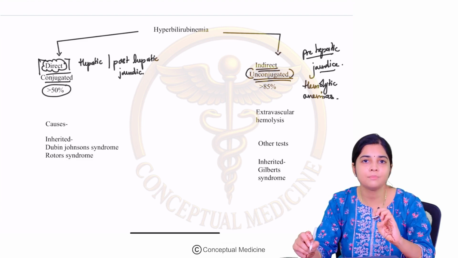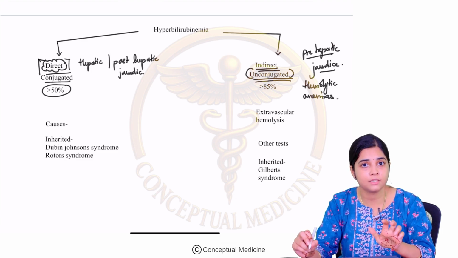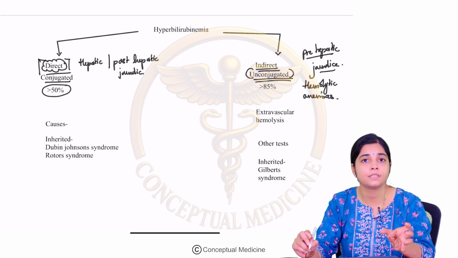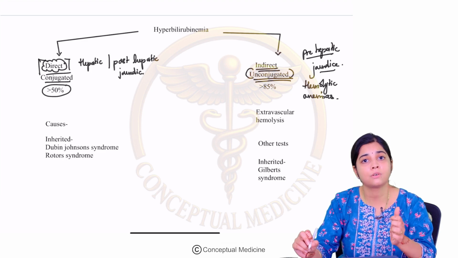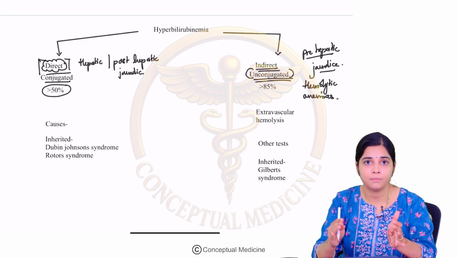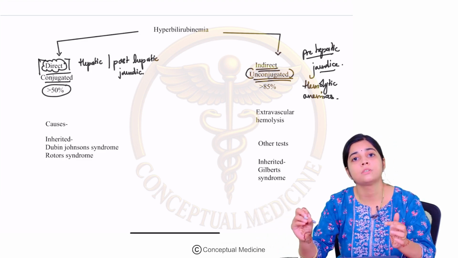So direct hyperbilirubinemia basically refers to an increase in the conjugated bilirubin. And what disorders can affect this? It can occur due to diseases affecting the liver or diseases affecting the biliary tract, because once you have conjugated bilirubin elevated, that means that the conjugation process has happened, but there is some problem with the liver or the excretion of the conjugated bilirubin.